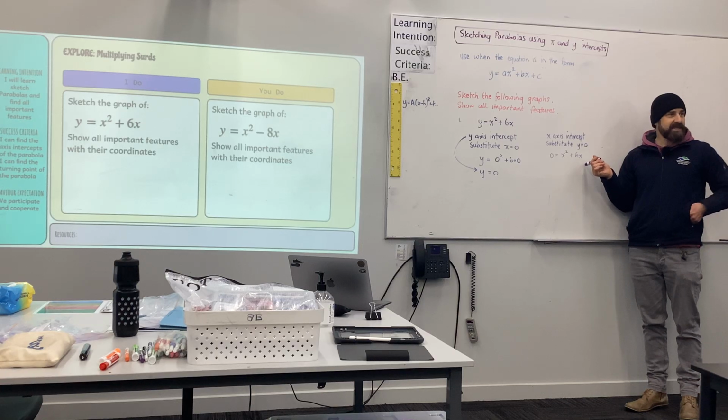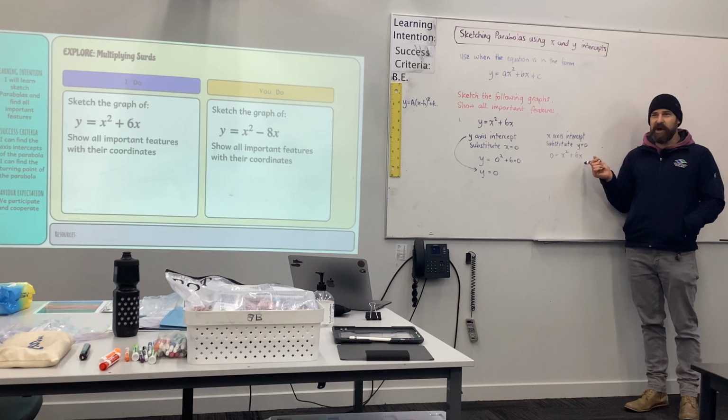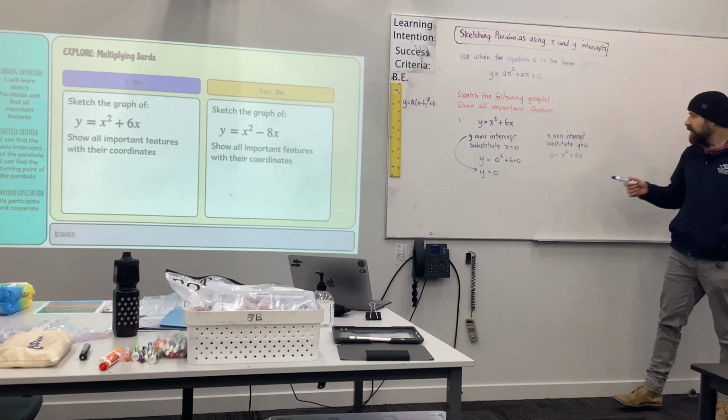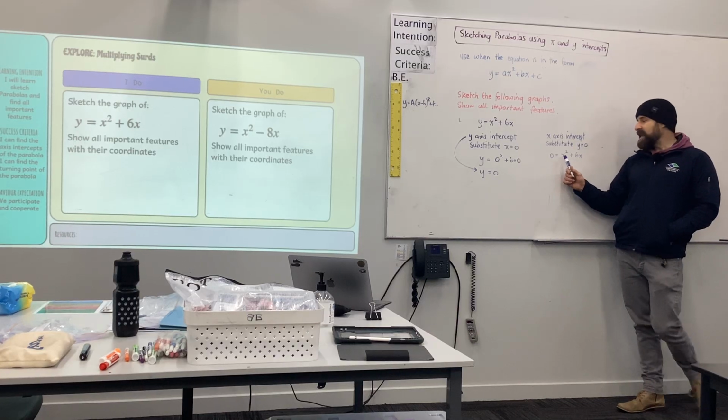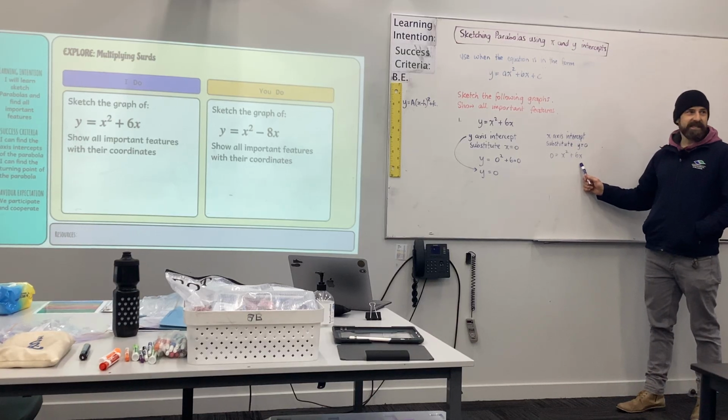And we learnt how to solve quadratic equations. What technique did I use to solve quadratic equations? NFL, not the National Football League, but the null factor law. So we now have to factorise this.